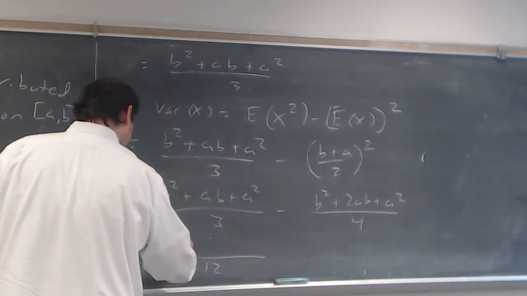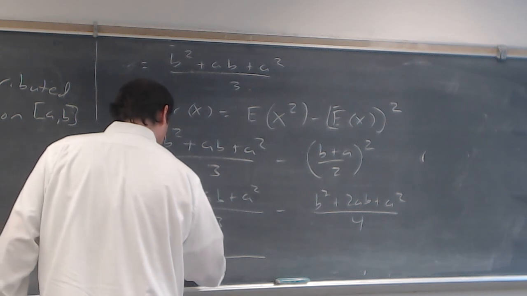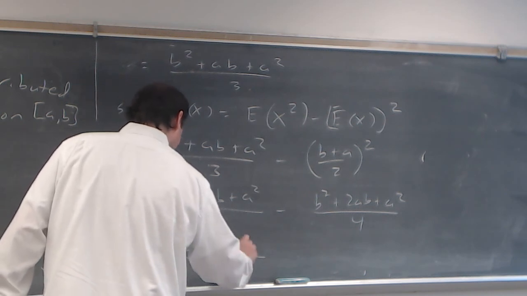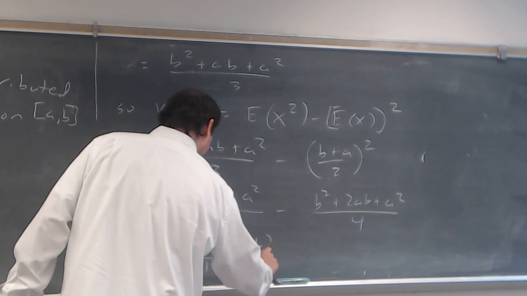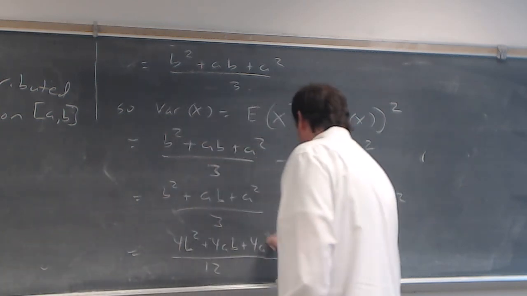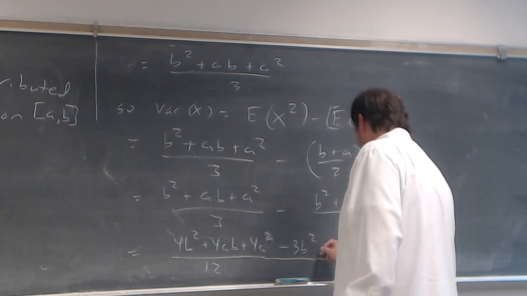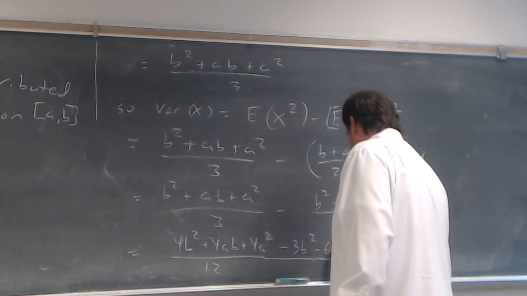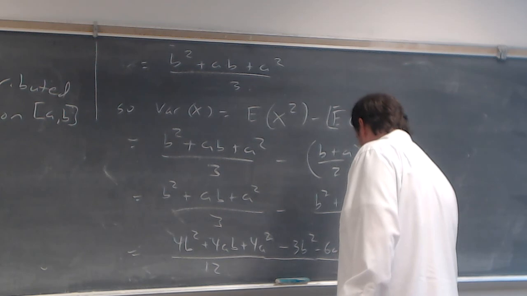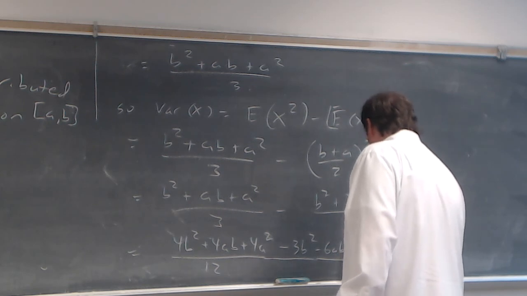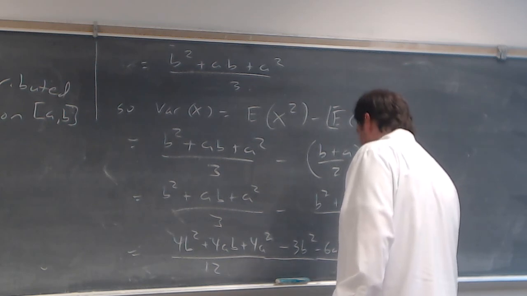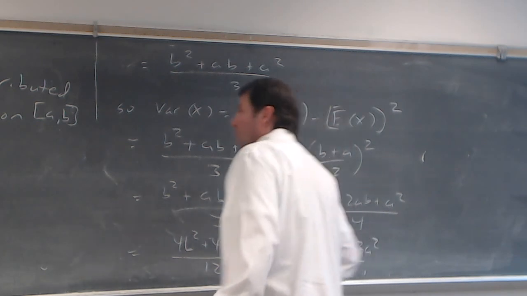So what we end up getting is 4b squared plus 4ab plus 4a squared. Then this would be minus 3b squared, multiplying everything by 3, so this would be minus 6ab, and this would be minus 3a squared. And I've run out of room, but we're almost done.